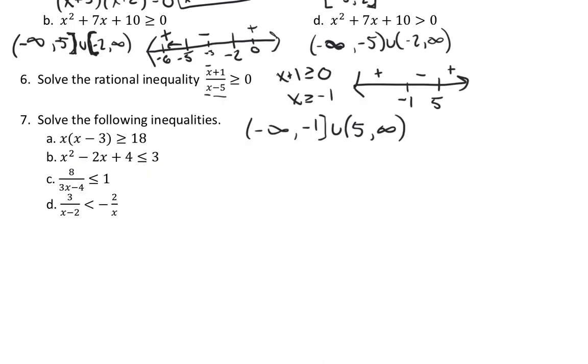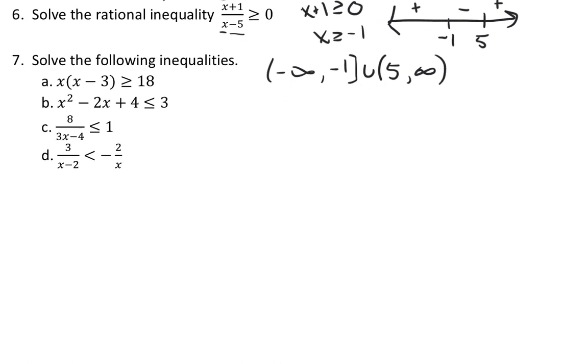All right. Problem 7 says solve the following inequalities. So we're going to start with A. x times (x minus 3) is greater than or equal to 18. So first we're going to start by FOILing that out.